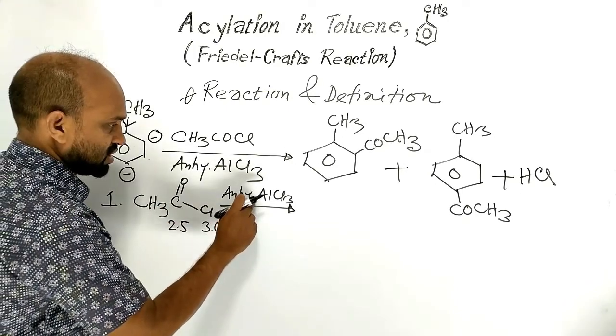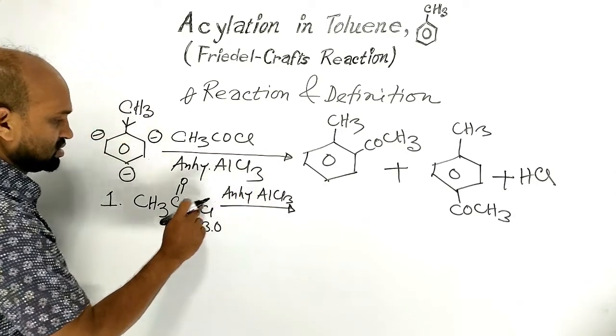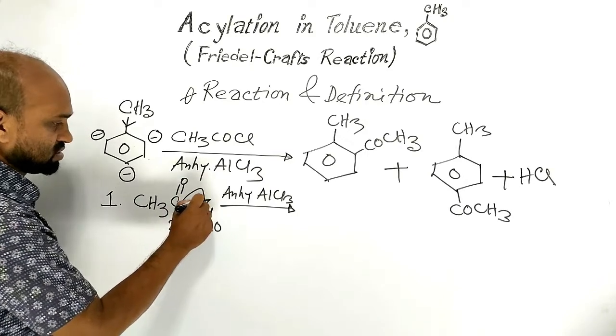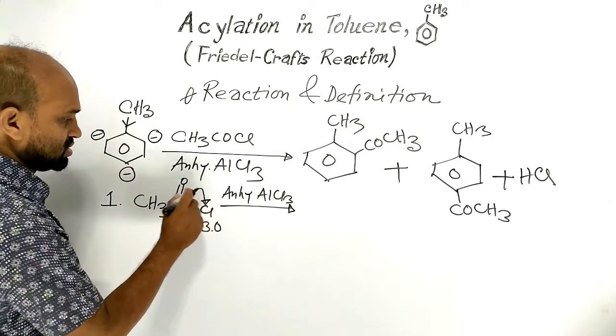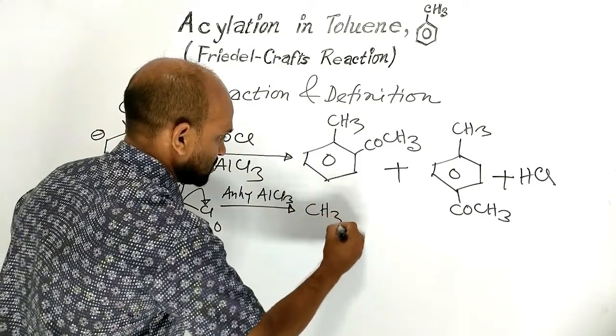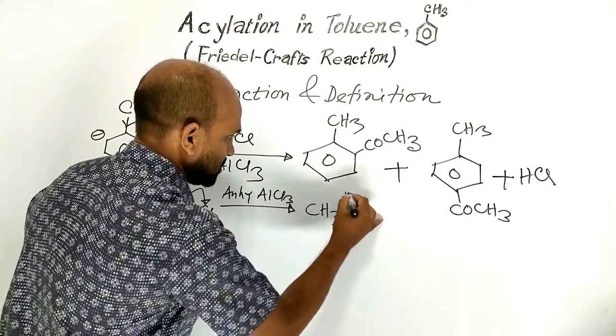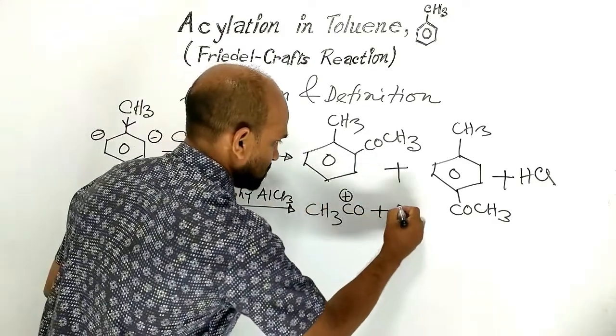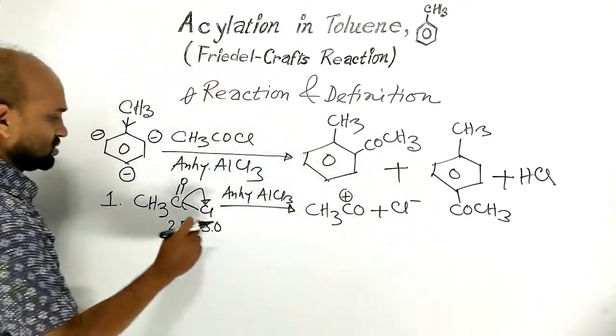As a consequence, from acetyl chloride we get acetyl cation and chloride ion.